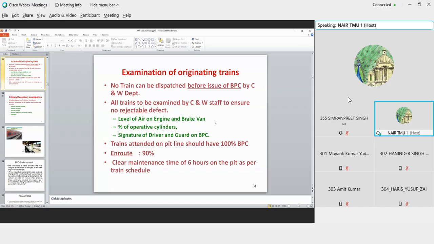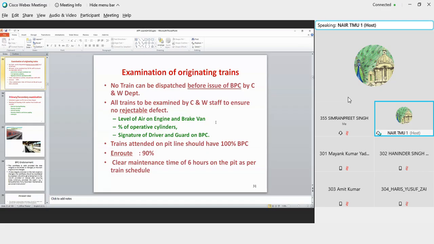So say, assuming there are 2 brake cylinders on each coach, and there are 24 coaches, there are 48 brake cylinders. The BPC will indicate that all 48 are in 100% working order, and the brake pipe pressure on the train and in the guard's van is optimum.